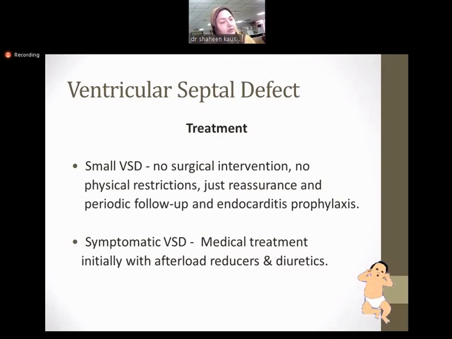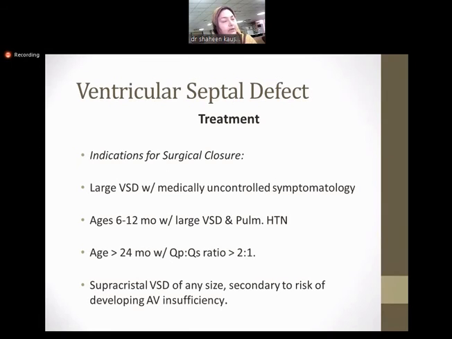There is some physical restriction, reassurance, periodic follow-up, and prophylaxis for endocarditis. For symptomatic ventricular septal defect, there is medical treatment which may reduce the afterload, and the patient may need diuretics. There is also surgical treatment which requires indication. I will not discuss it here because we are discussing the pathology side of ventricular septal defect.